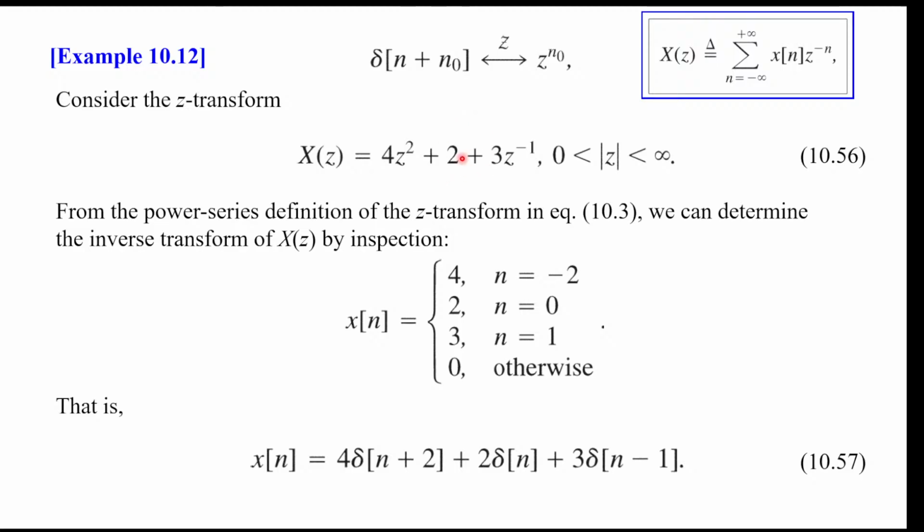And z to the 0 here, the inverse z transform to delta of n, and this z to the minus 1 term, inverse z transform to delta of n minus 1. Okay. So this is very simple. You look at this equation, then you can immediately write down your x of n.